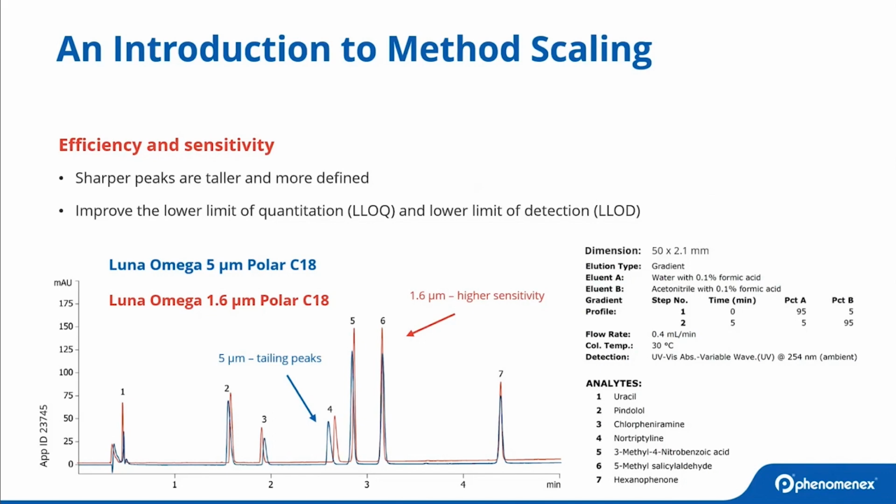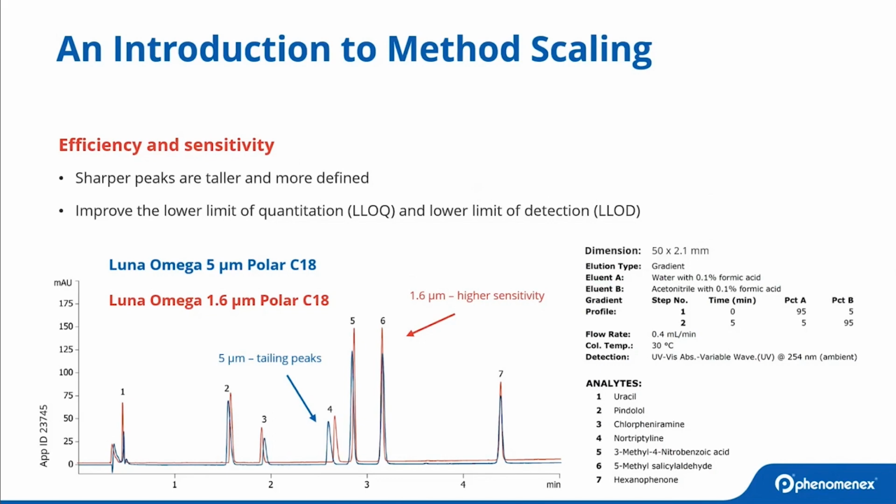For now, though, what we are looking at are an overlay of two chromatograms that were performed with the same instrument conditions, the same sample, and the same column dimensions with respect to the length and the internal diameter. The only difference being the particle size. The blue chromatogram representing a 5-micron particle size, while the red chromatogram represents a much smaller 1.6 micron particle size.